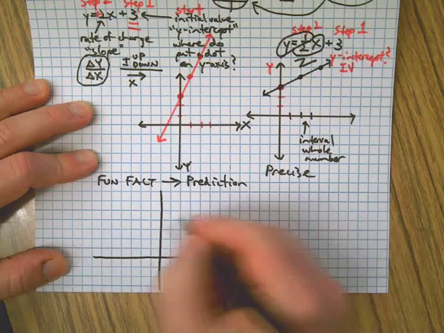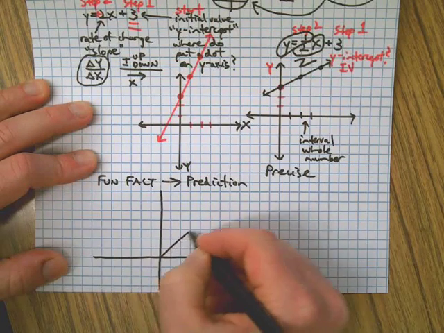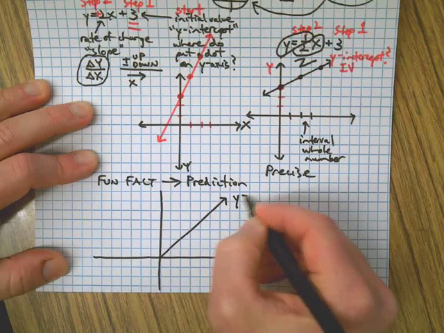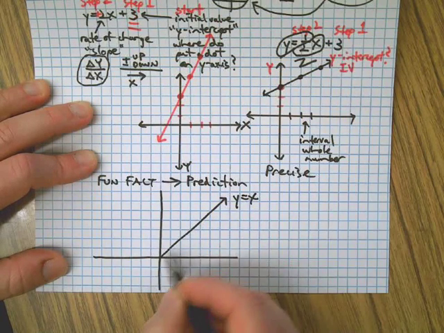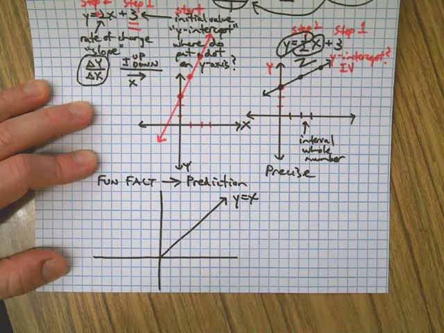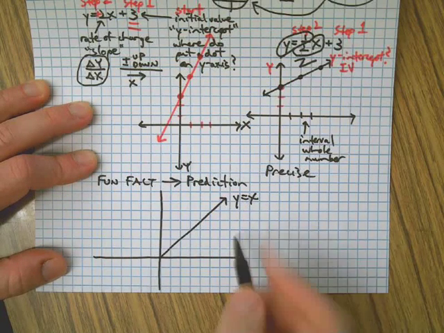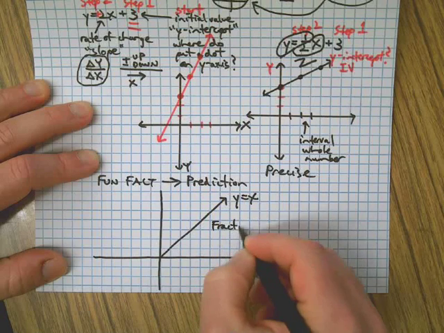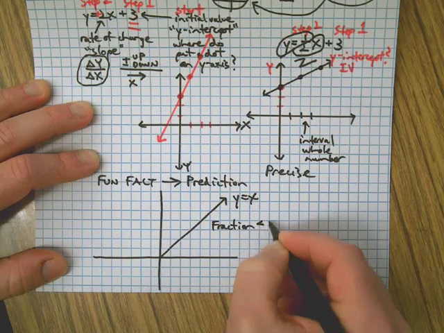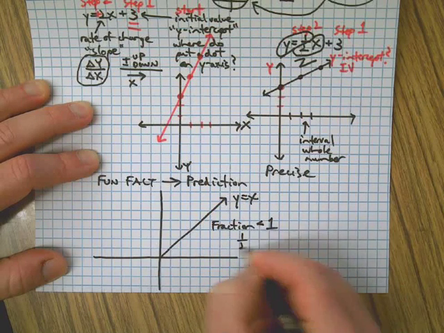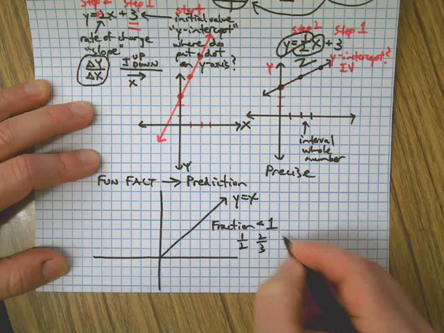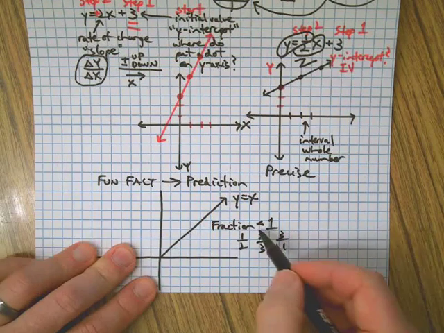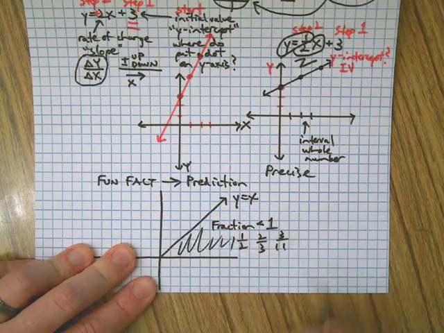If I just make a straight line at a 45-degree angle here, that's the y equals x line. Now, if I have a fraction that's less than 1, such as 1/2, 2/3, 3/11, any kind of fraction that's less than 1, the graph is going to go down here.